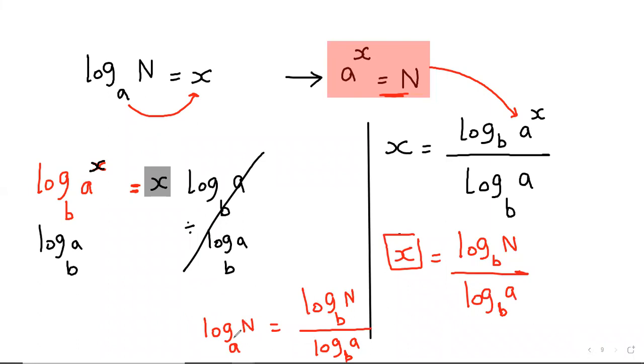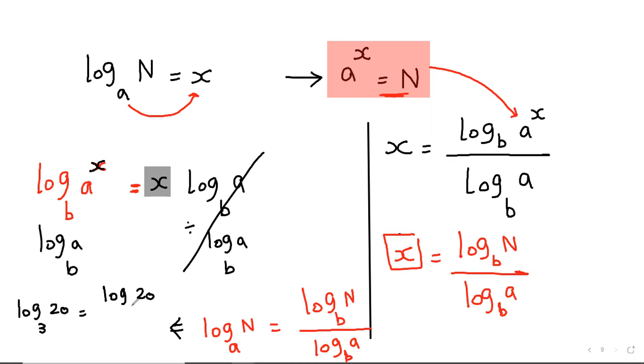So log n in the base a. Let's take an easy example about that. Log 20 in the base 3 equals... we can write it as log 20 in any base.